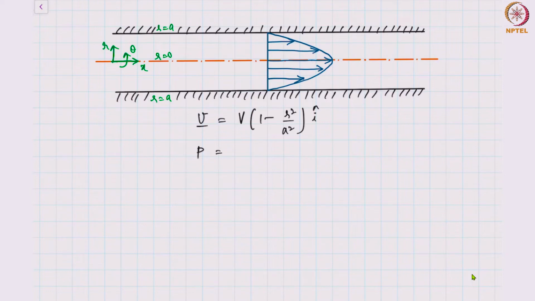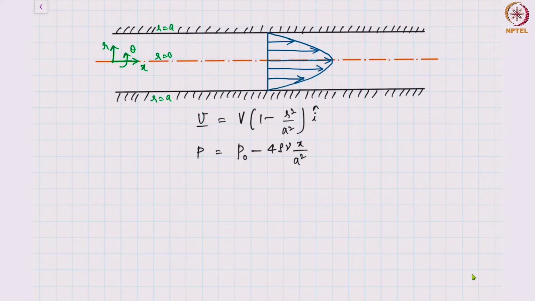The pressure p will be some p naught minus 4 rho nu U x by a squared. Sorry, not r, x by a squared. The pressure is basically varying along x.